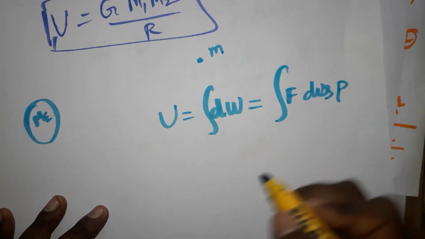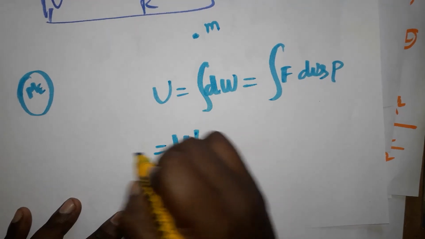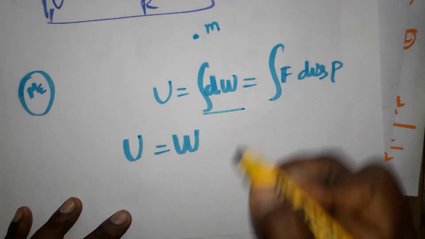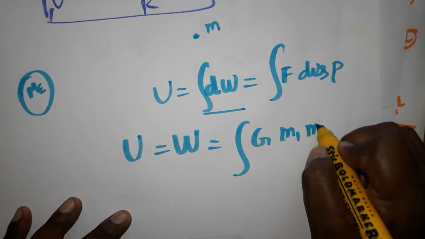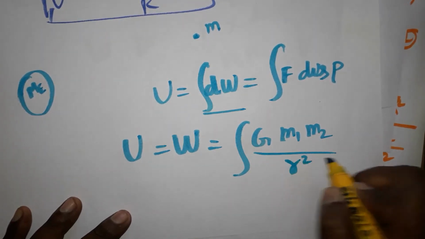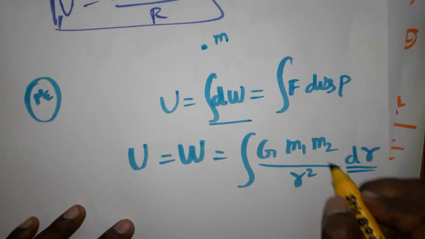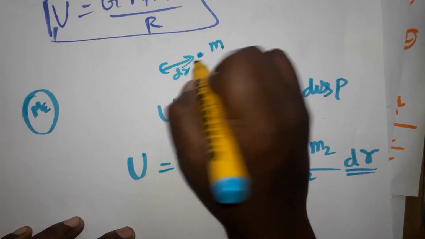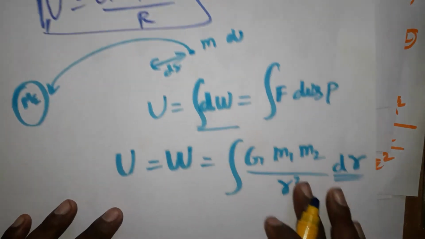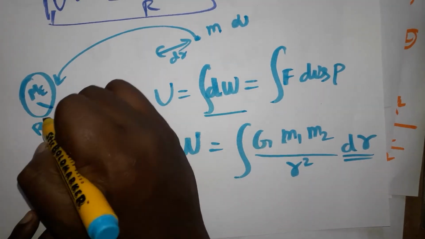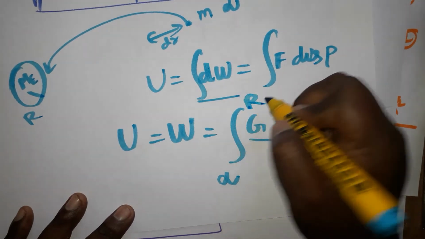So the integration of dW will be W, the total work done, and you can use this total work done as U. I know F is equal to G times m1 m2 divided by r squared, and it is dr. I am bringing the mass through a small unknown distance dr. Actually, we are going to bring the mass from infinity to the surface of the earth, where the distance will be the radius of the earth.